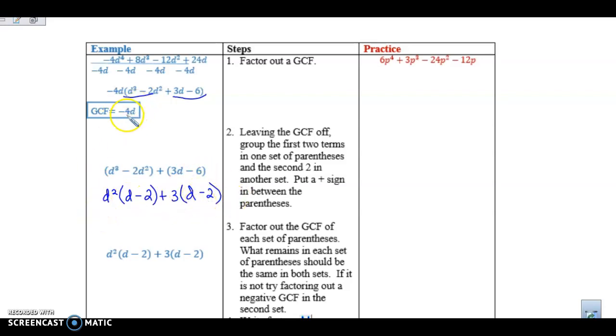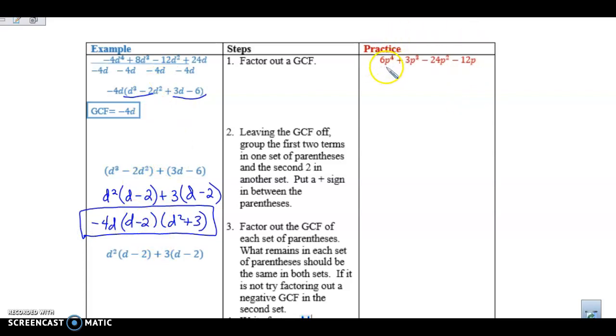And so then we get our greatest common factor, negative 4d, times d minus 2. That's our first one. And then you notice that it's exactly the same, right? And because of that, we can take d squared plus 3 as our next. So this would be your answer. So you can kind of combine the two sets.